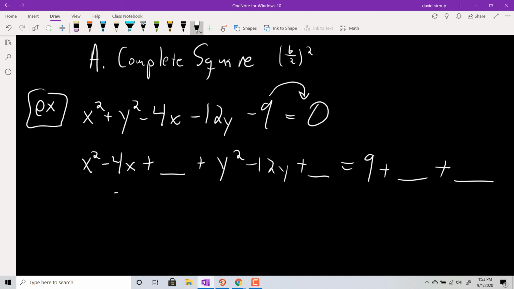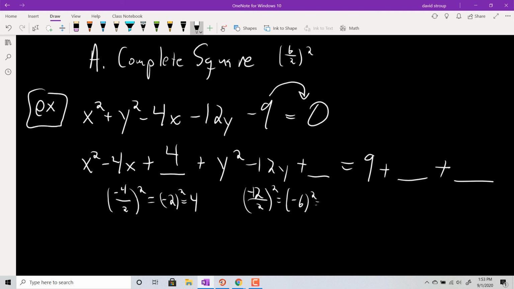So in our case, negative 4 is the b, all over 2, and then we square it. Negative 4 divided by 2 is negative 2. And square that, that's 4. Okay, so that goes here. The second one is negative 12 all over 2 squared. Negative 12 over 2 is negative 6. That'll be 36. And of course, if I add it on one side, I got to add it on the other. That completes the square.